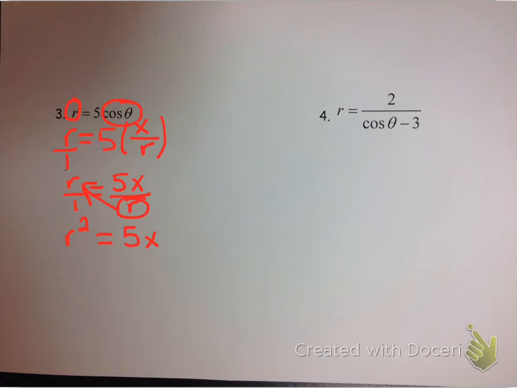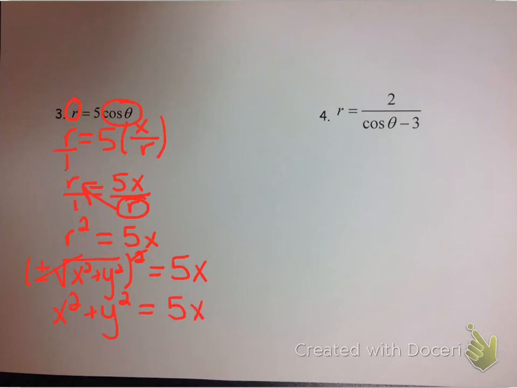Now you can substitute again, or some people can skip the substitution step. We know a formula for r. We know it's plus or minus the square root of x squared plus y squared. But we also know that in this particular equation, r is already being squared. Unlike the previous equation where we had to square it to simplify it, it's already squared, which means that square root will already go away, and we will have this.